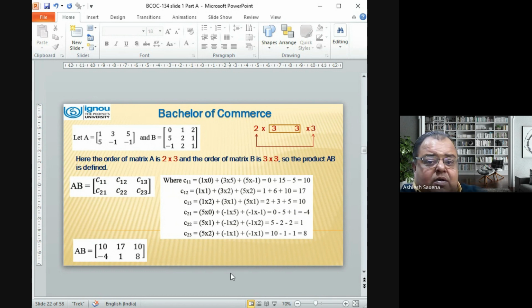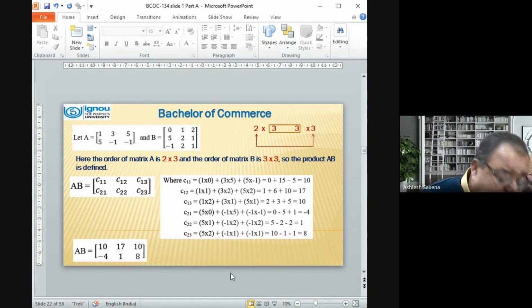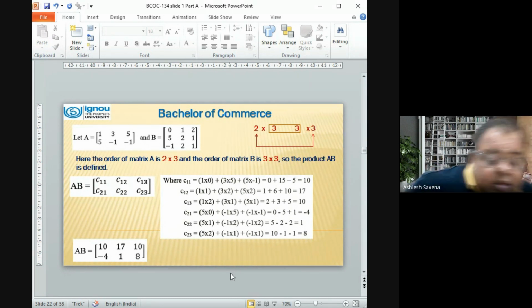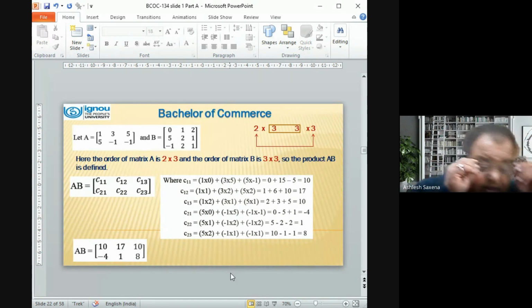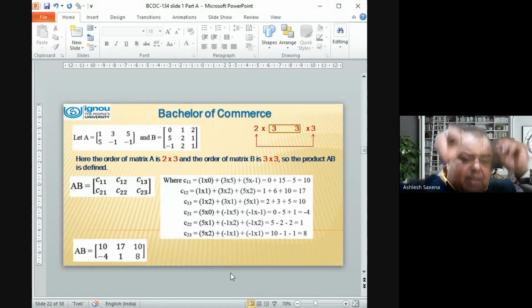Now, can any one of you tell me, because I told you this is something which has to be understood. Whenever we are doing matrix and determinant, we will be multiplying them. So first of all, how do you get the order without multiplying the matrix?